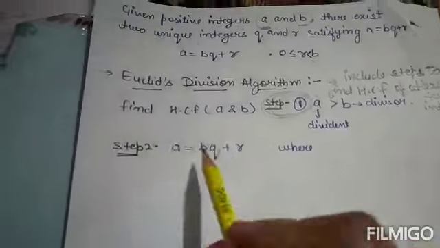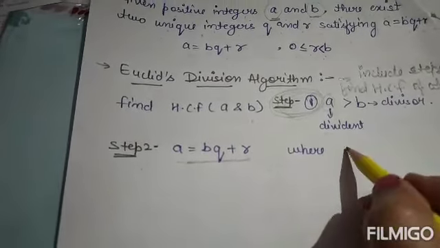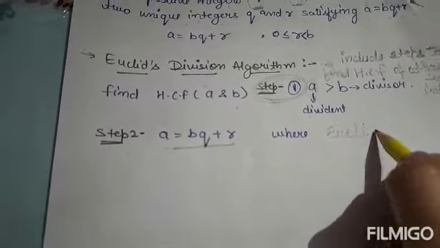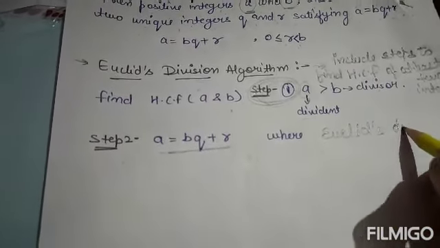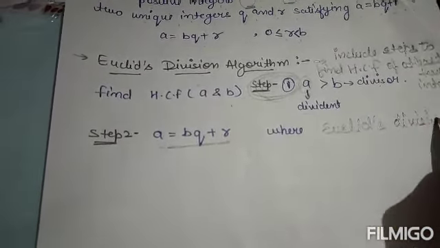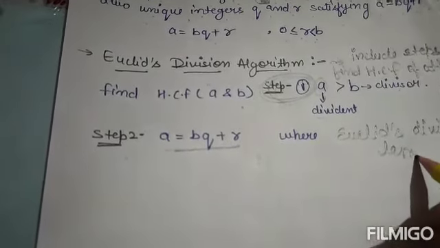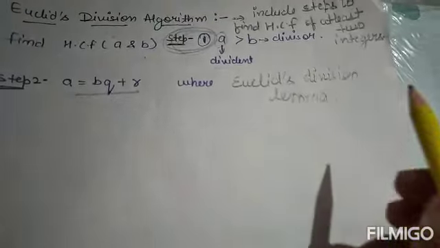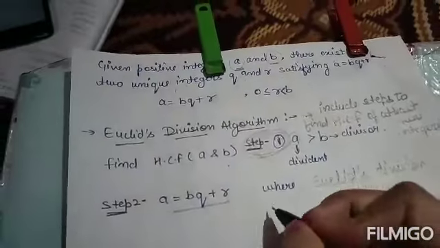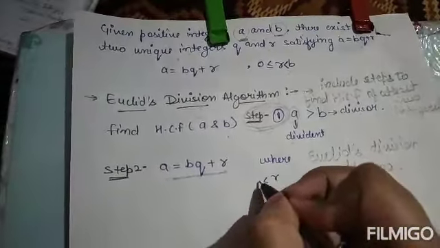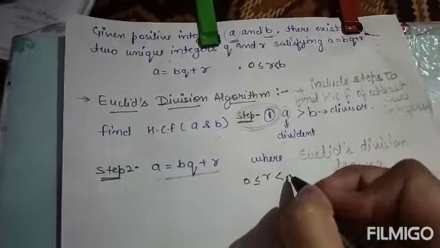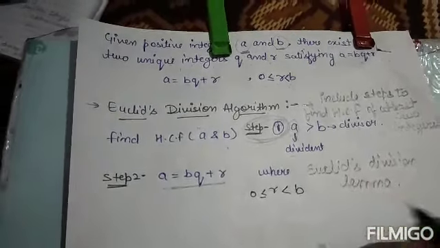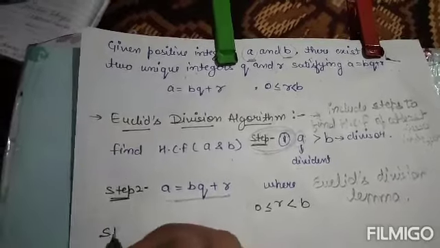Step 2, we have to write in the form of what? Euclid's division lemma. We have to write the numbers in the form of Euclid's division lemma, where R should always be greater than or equal to 0 and less than B. Step 3. What will be step 3?